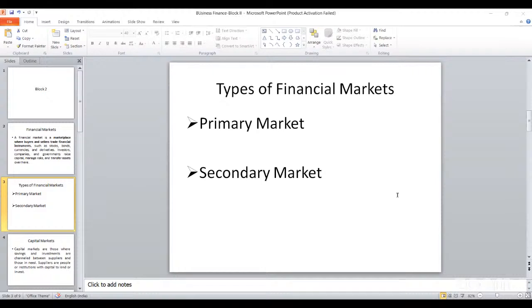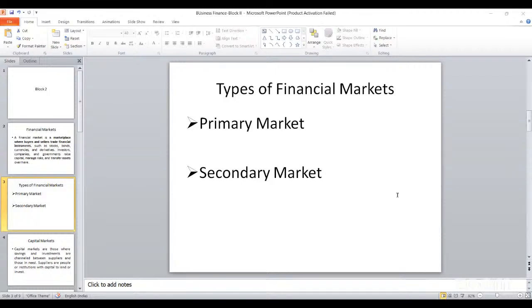Are you getting it? Yes, ma'am. The markets which can be classified as the primary market are the places where trading of new securities takes place. You have heard about IPOs, initial public offerings.